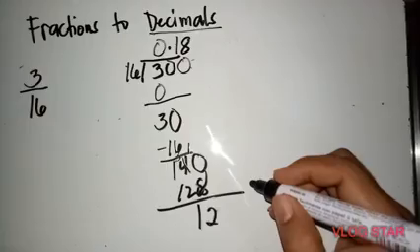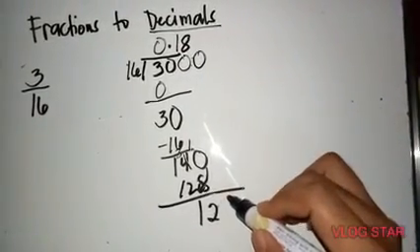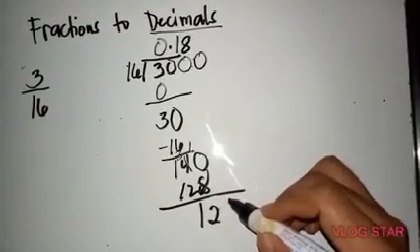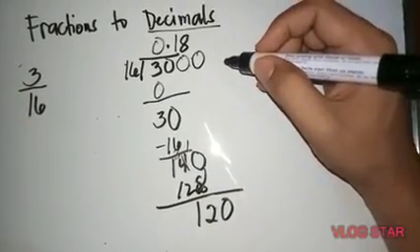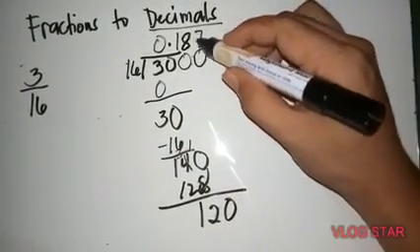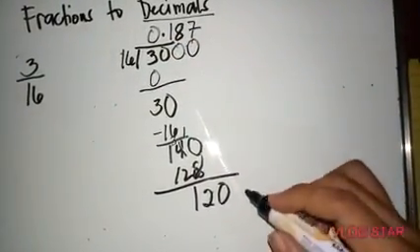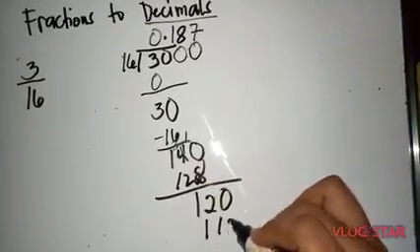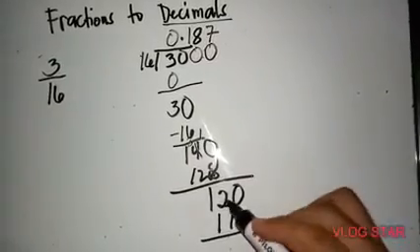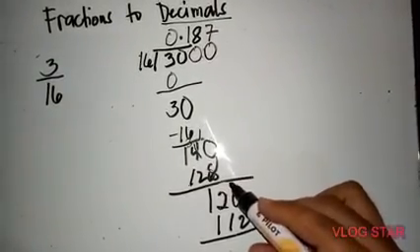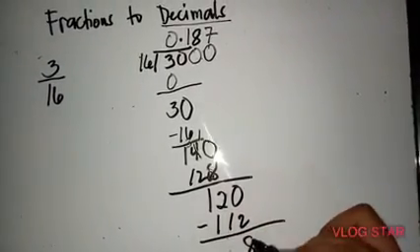Next is bring down another 0. 120 divided by 16, the answer is 7. Then 7 times 16 would be 112. Then after that, subtract. 120 minus 112 is 8.